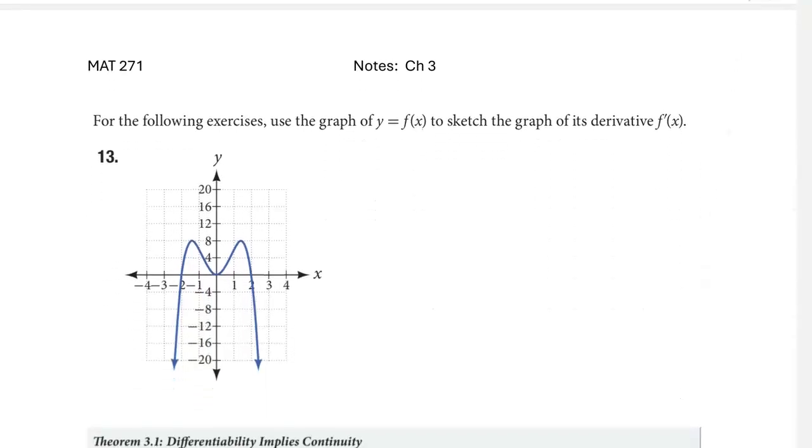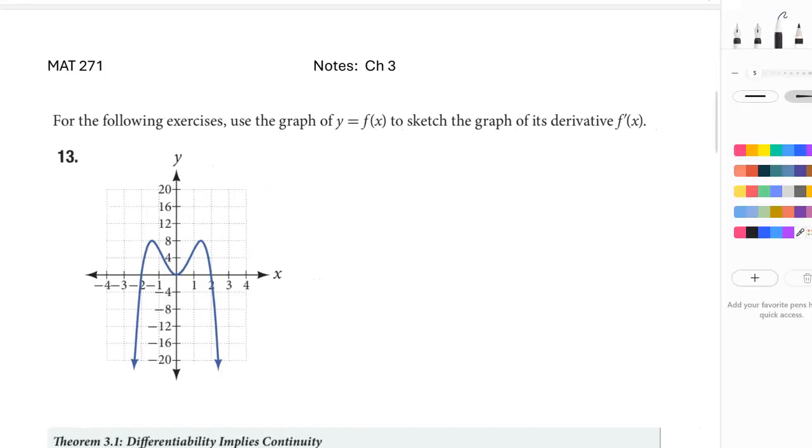Let's do another one. Let's look at 13. We want to use the graph of f of x to sketch the graph of the derivative. So let's analyze it again. We know we have horizontal tangents, which is where the derivative is equal to 0.